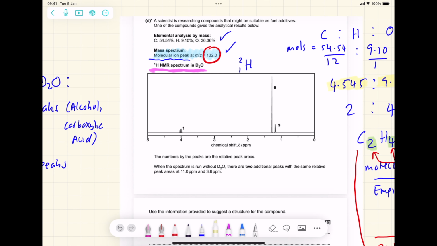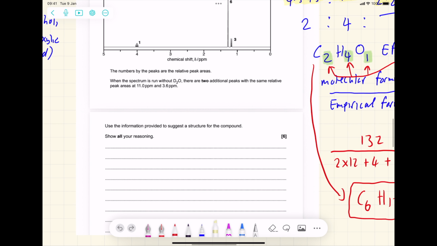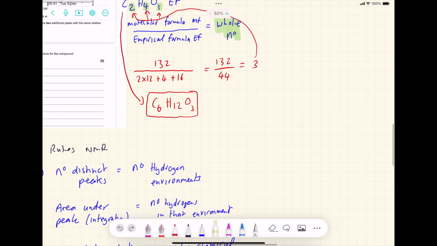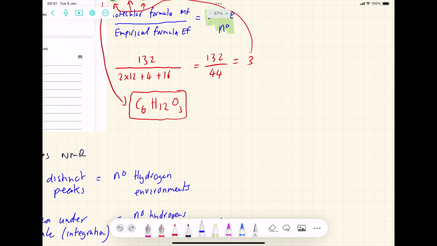When the spectrum is run without D2O, there's our clue. There are two additional peaks with the same relative peak areas at 11 and 3.6. So that is telling me that for our molecule, I'll just write it over here, we have a total number of hydrogen environments equal to 5, because 2 of them have been removed.